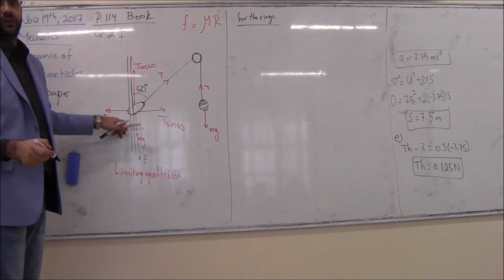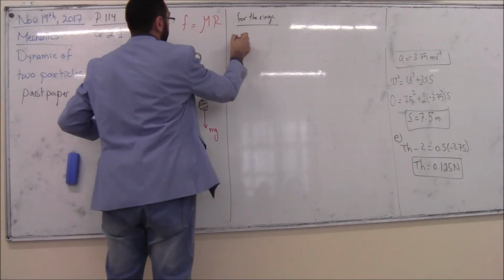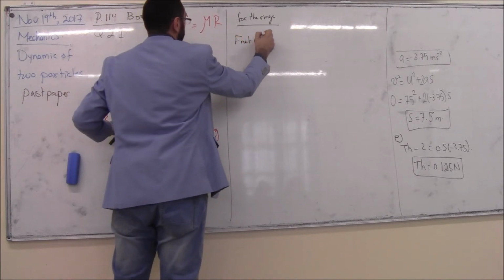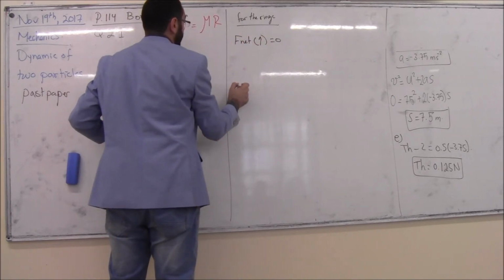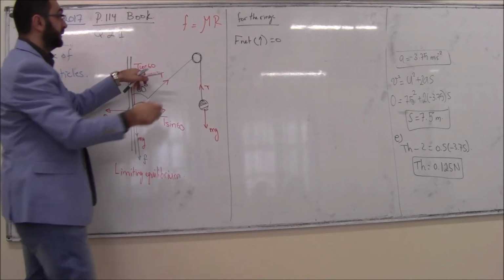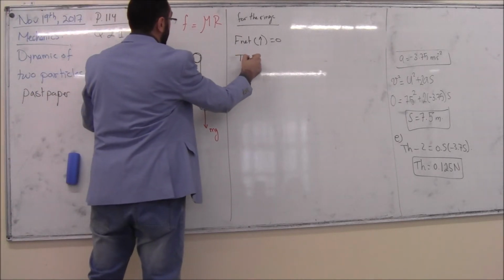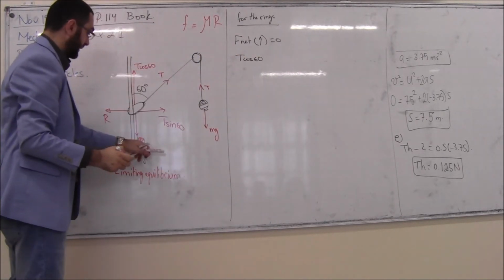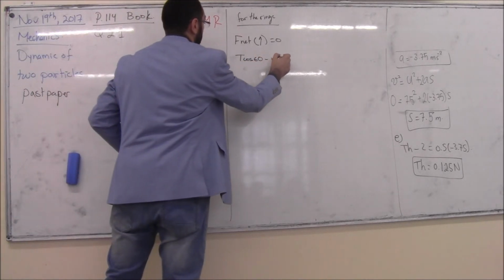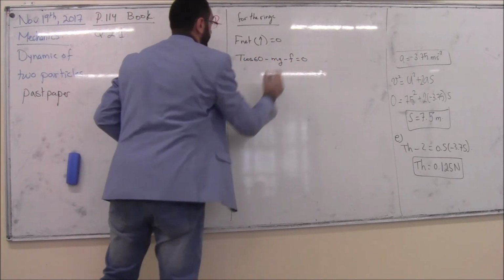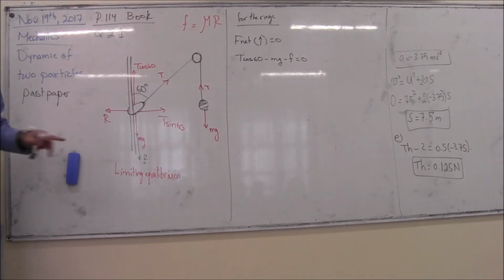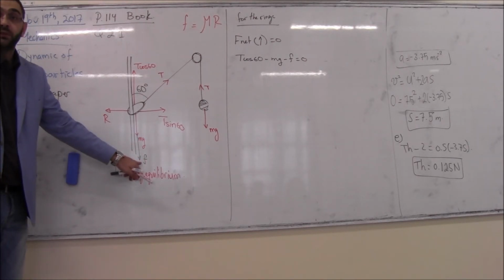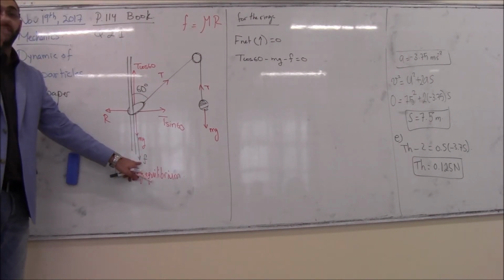what forces do we have here? F net upward is 0. T cosine 60 minus mg minus friction equals 0. It's limiting equilibrium.